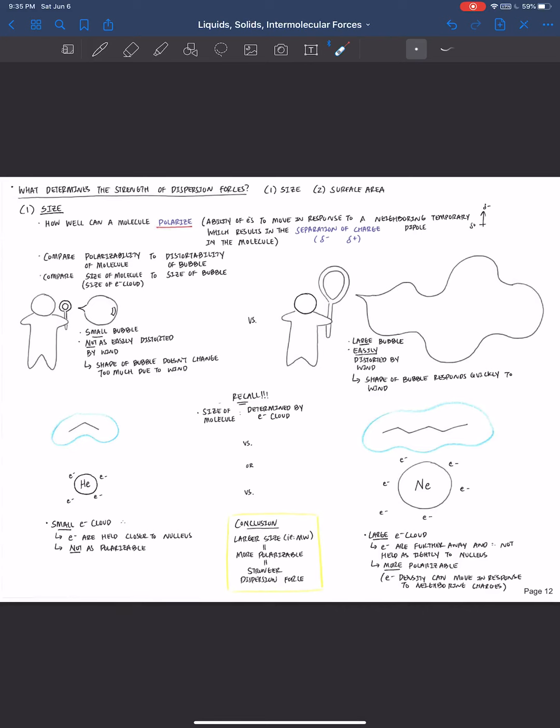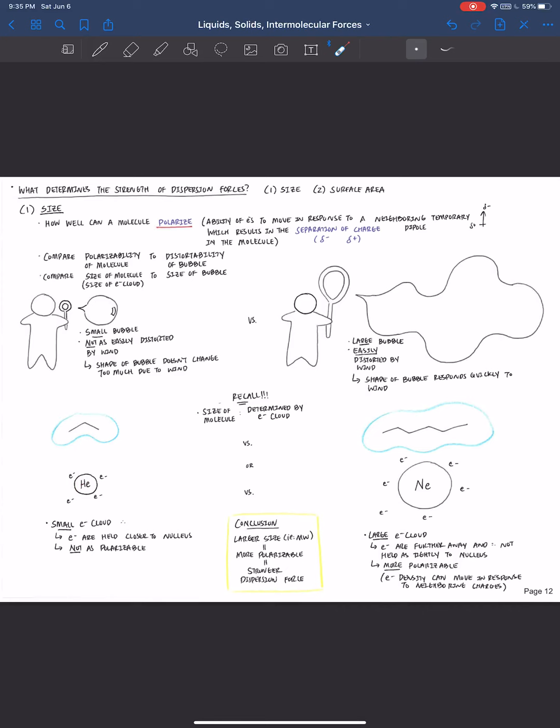Remember from quantum mechanics, the size of the molecule is determined by that electron cloud, right? And so the larger the molecule, the larger that electron cloud, or the larger that bubble. Now, if you have something that has a small electron cloud, then those electrons are really close to the nucleus. And what charge is the nucleus? It's a positive charge, and that means it's not as polarizable because those electrons are being held tightly.